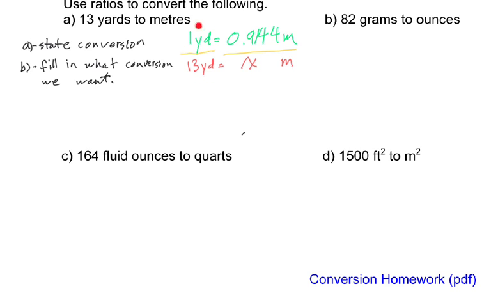Now notice this is 1 yard over 13 is 0.9144 over X. You can write that equation like that if you'd like. You could write it as a set of ratios, or you could write that as just two straight equations.